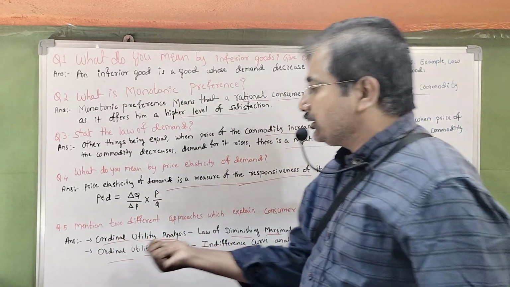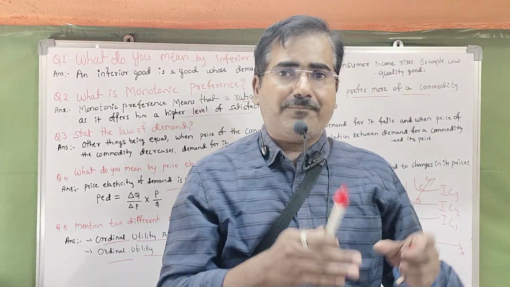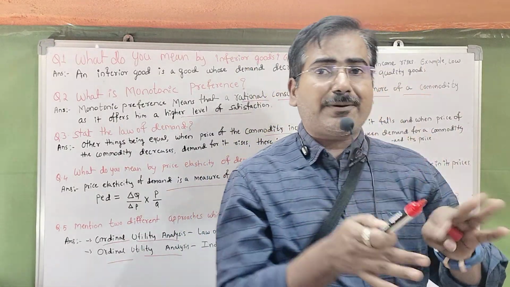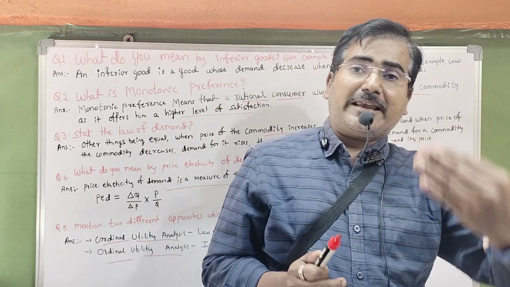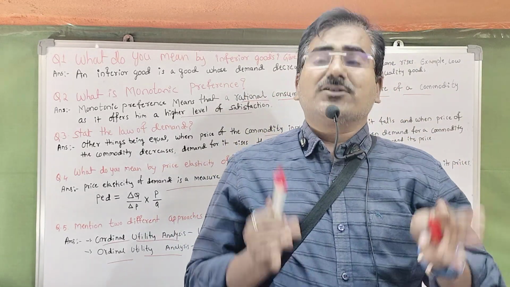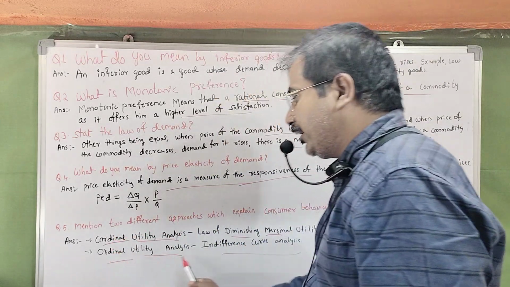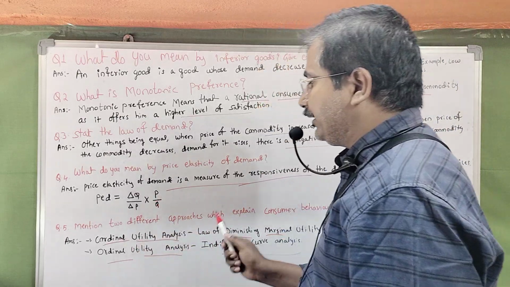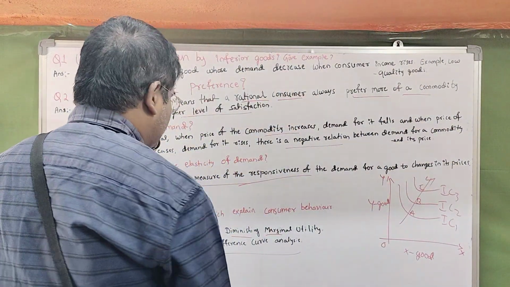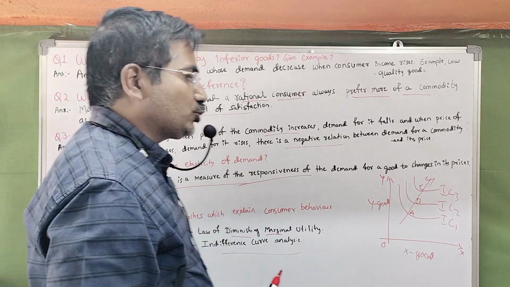Ordinal means ranking: first prize, second prize, third prize, or first place, second place, third place. That is the concept of ordinal utility. Both are approaches to explaining consumer behavior.